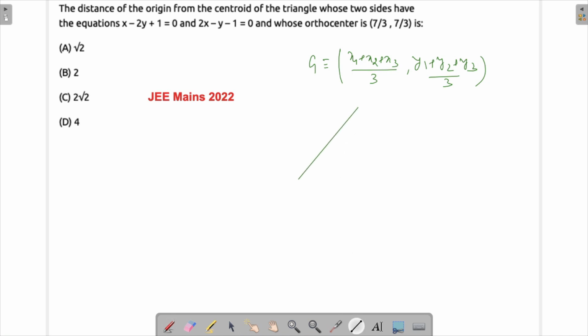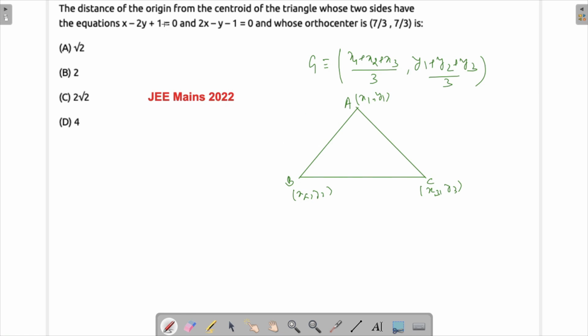Only if I have the vertices of the triangle, then I'll be able to find out x1, x2, x3 and all that, right? So if this is your A, B and C, then here we have got x1, y1, and x2, y2, and then x3, y3, and then we've got to find that out. Then we'll be able to find the distance of it from the origin.